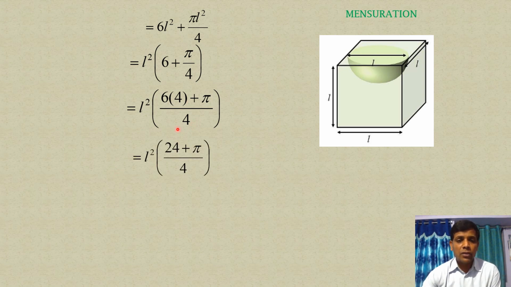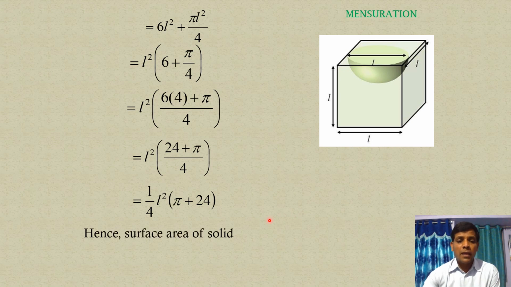L square into 24 plus pi by 4. Next step: this is written with denominator 4, so 1 by 4 into L square into 24 plus pi, or pi plus 24. This is the surface area of the remaining solid, or toy, from the given cubical box.